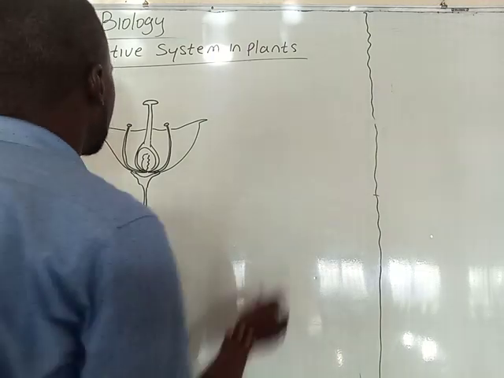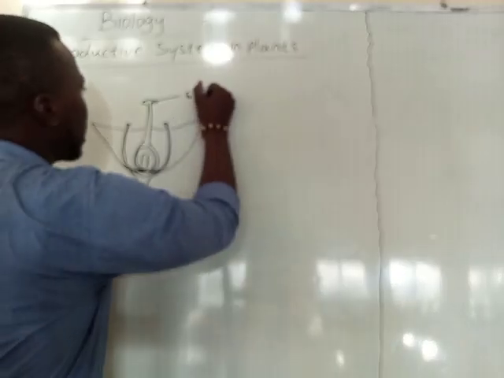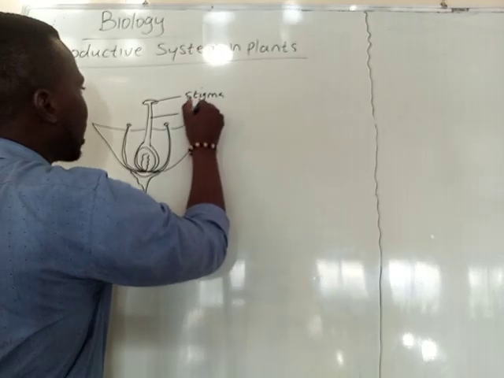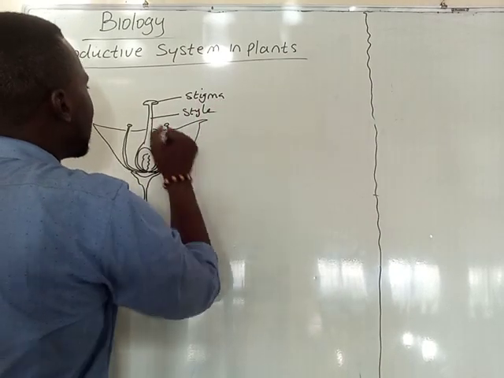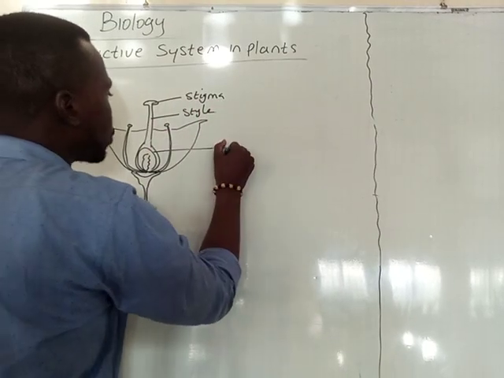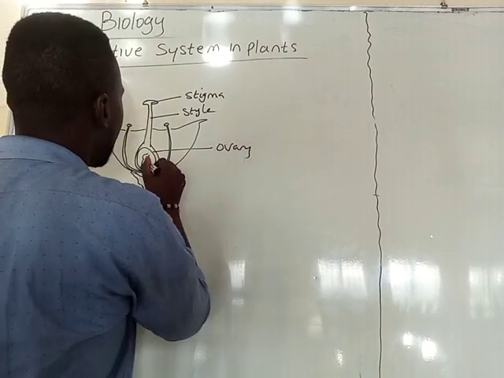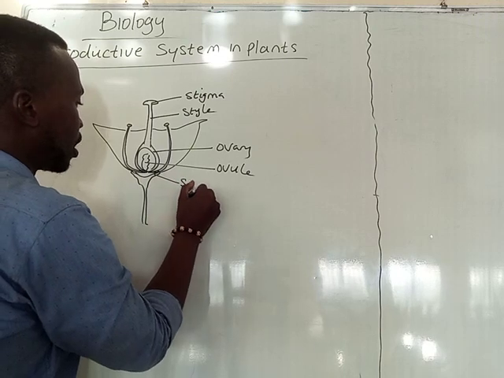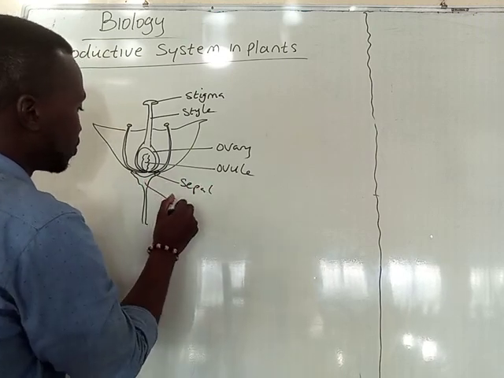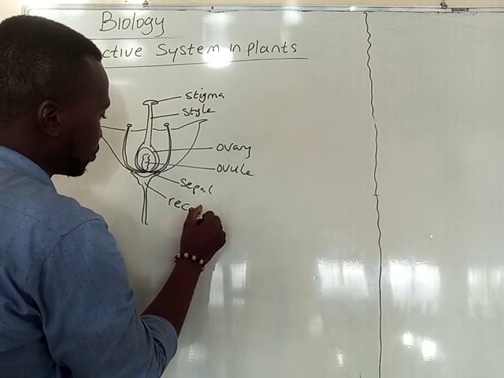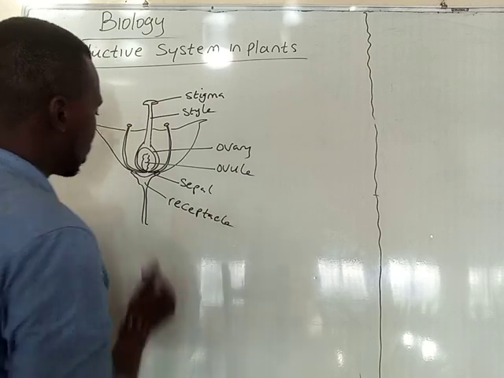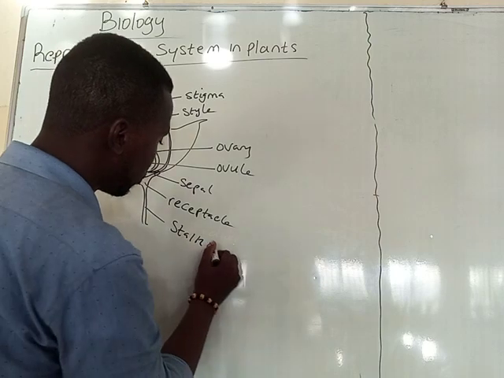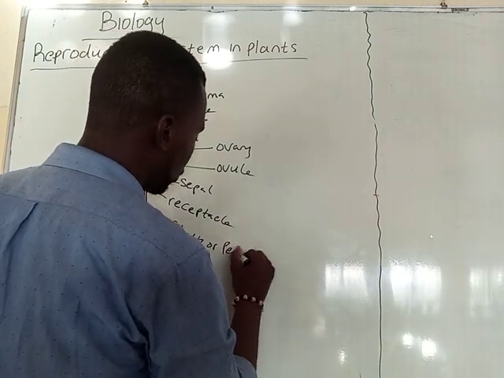So let's label it. Here we have the stigma. Here we have the style. Here we have the ovary, and here we have the ovule. Here we have the sepal. Here we have the receptacle. And here we have the stalk or the pedicel, whichever choice you want to use.